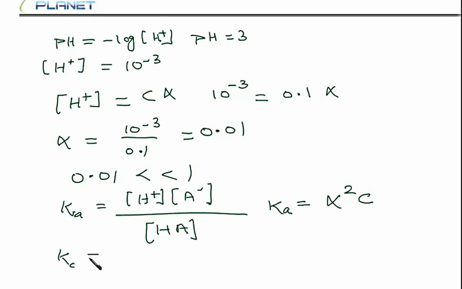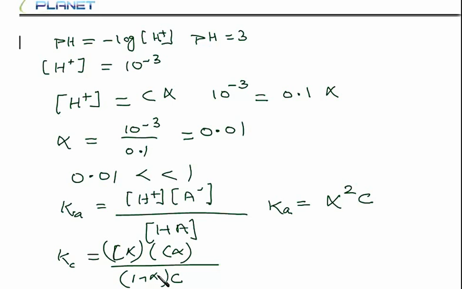As alpha is very small, this 1 minus alpha can be taken as 1, and you'll be getting alpha square C.